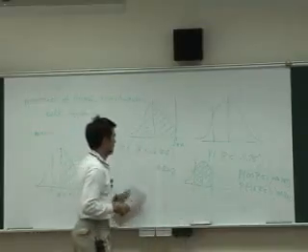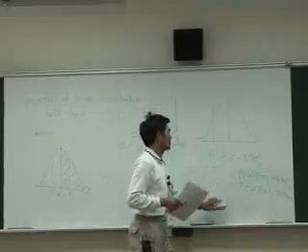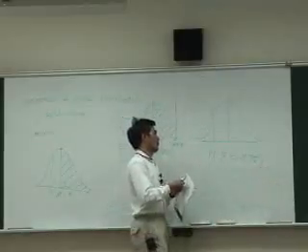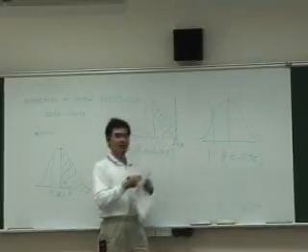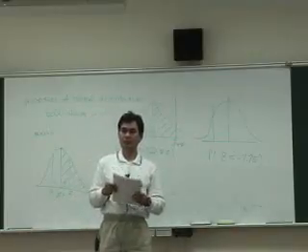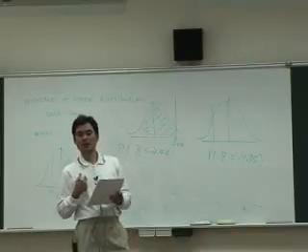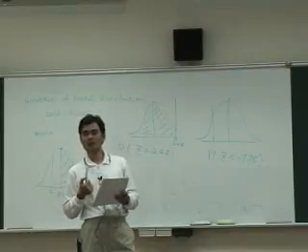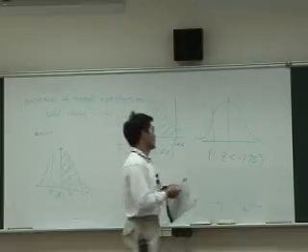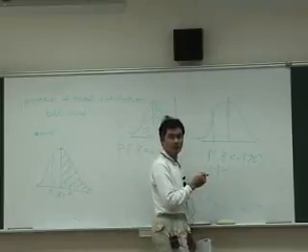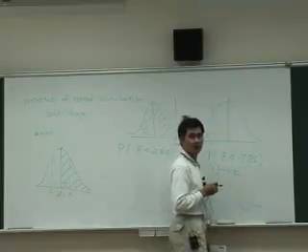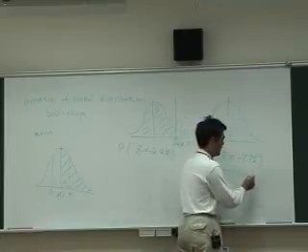Okay, now, so gentlemen, you again. Can you tell me what's the probability for Z less than negative 1.75? 1 minus 0.5 minus 0.4599.